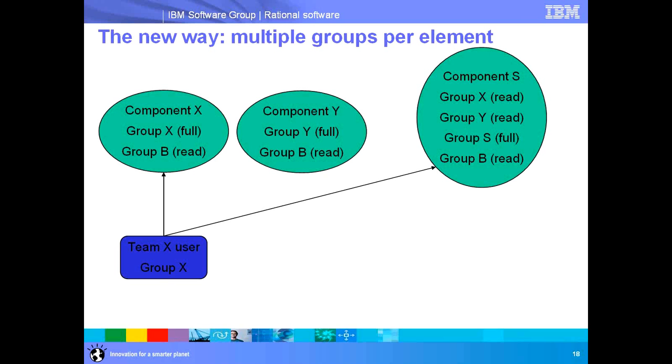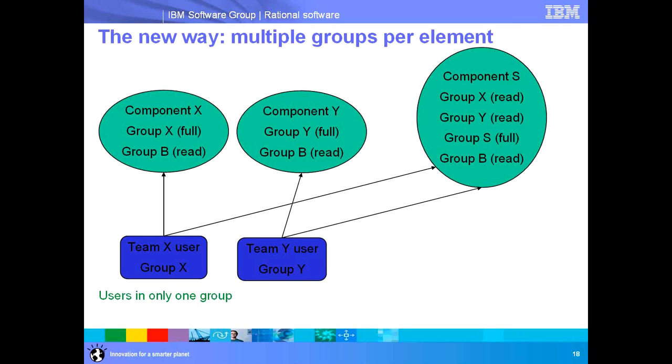And the same role-based combination on component S will show that the person who is part of group X should just have the read access. So by applying this combination, we have made sure that we are satisfying the same requirement as earlier, and the person is only part of one group.